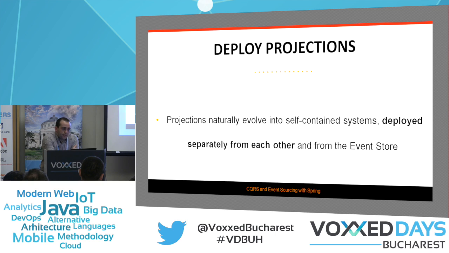Now, deploying projections. Projections naturally evolve into very independent, self-contained systems that can be deployed separately, right? I had a big chunk of the presentation here, which I chose to skip over, but if you're curious to see in a Spring system how to do that, grab a hold of me after this and we'll talk.